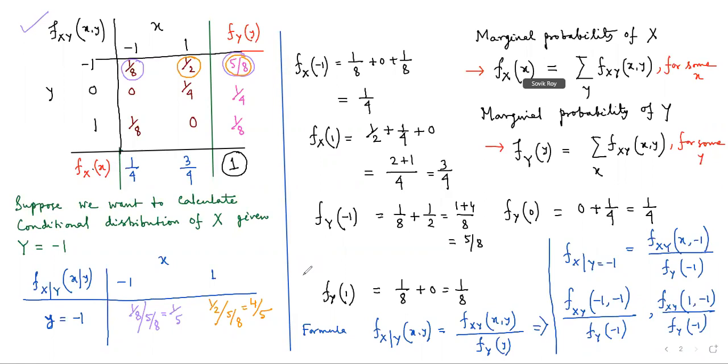In the bivariate case, we are getting two different values for the conditional probabilities, because in a bivariate system we have to be careful about the domain of the values on which capital X is defined, and the domain of the values on which capital Y is defined. Depending upon that, the expressions for conditional probability and marginal probability are derived. I hope you have understood how to calculate this, and this is very important.